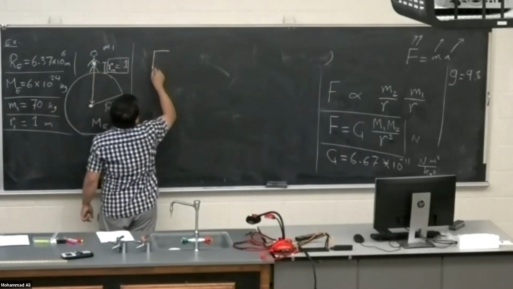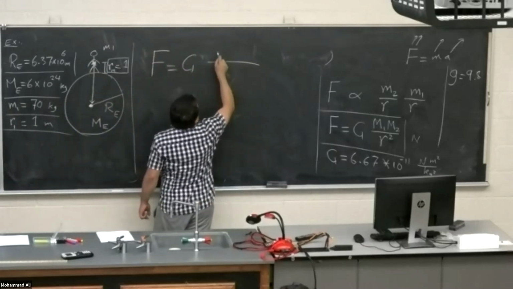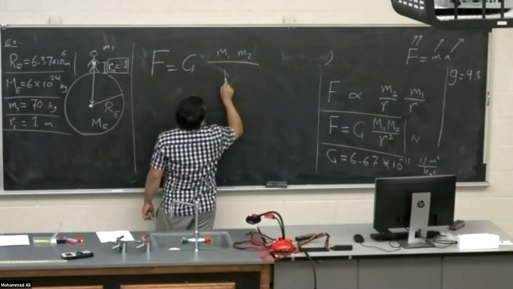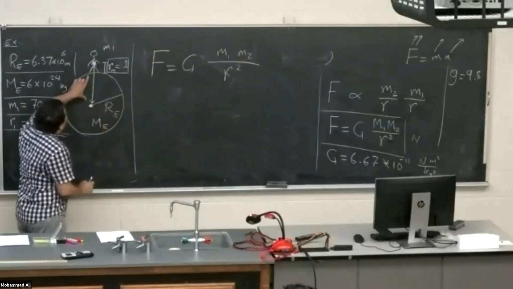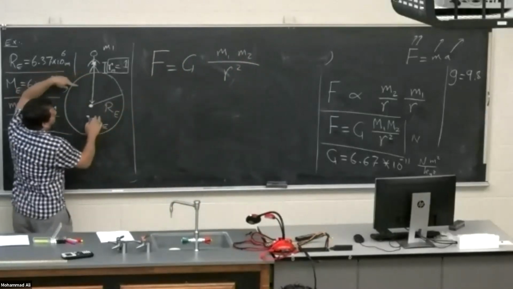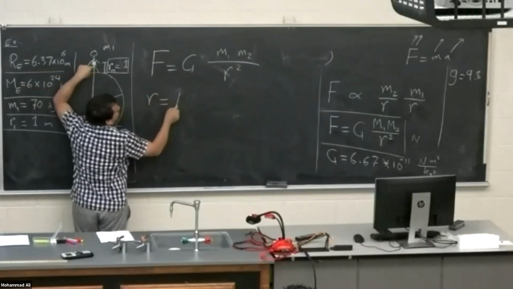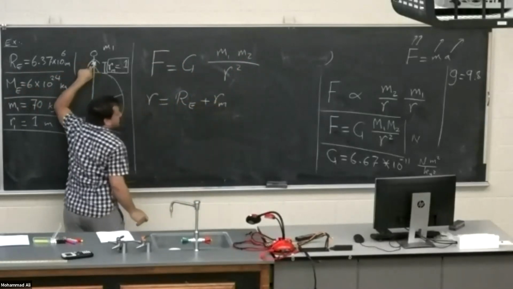The force of gravity is equal to G, which is a constant, M1 multiplied by M2 over R squared. What is R? R is the total distance from the center of Earth to the center of this person. R is equal to the radius of Earth plus the radius of this man.